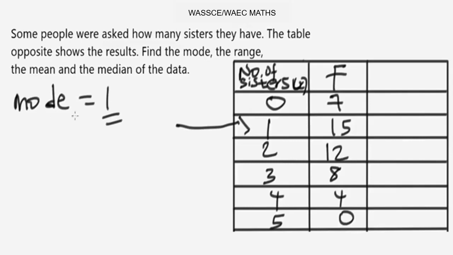Now the range is the highest value minus the lowest value. Here the range will be 4. The highest value here is 4.